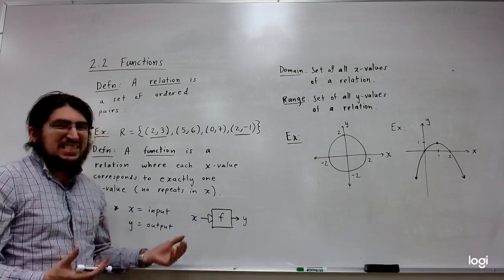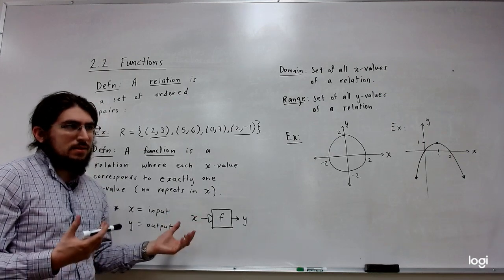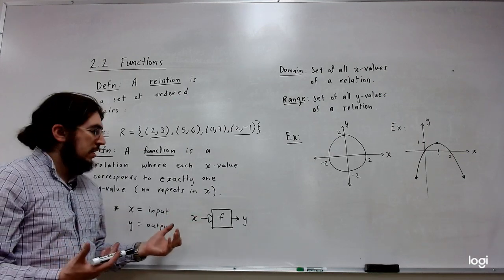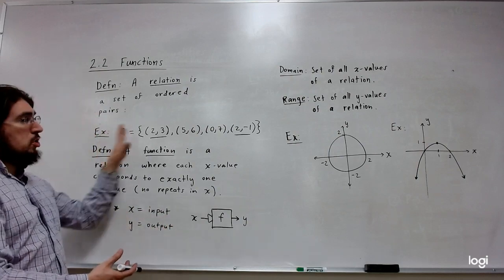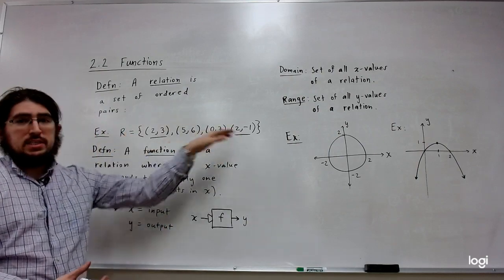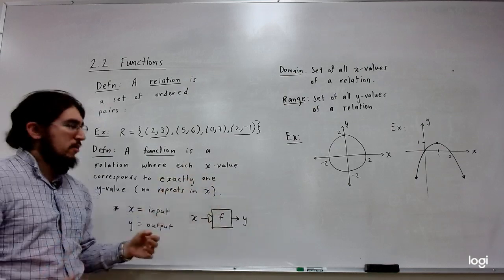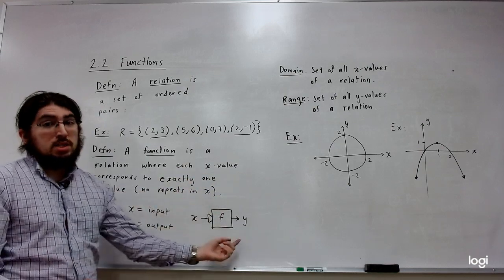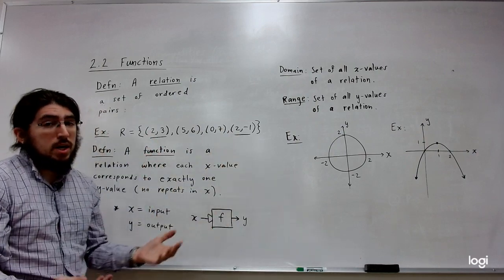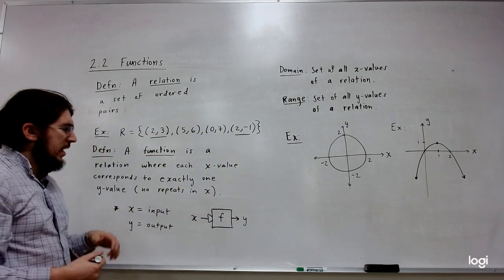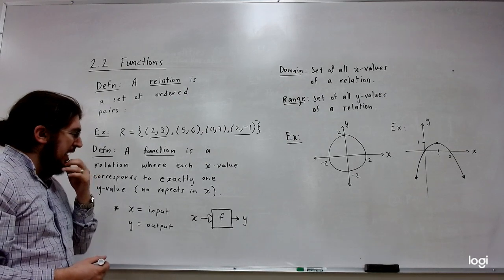The only thing is, this machine can't make any decisions. It doesn't handle ambiguity very well. So if you plug in 2 and it has this in its coding, it doesn't know what to give you. It would have to make a decision. Does it give you 3? Does it give you -1? It wouldn't know.